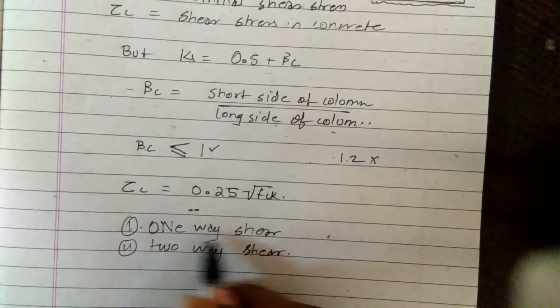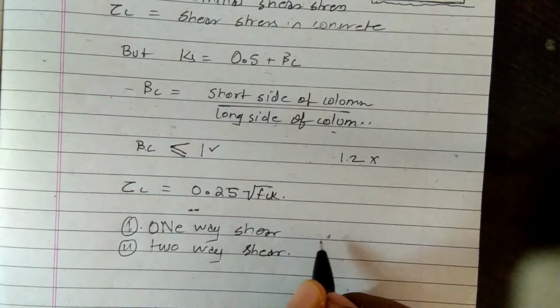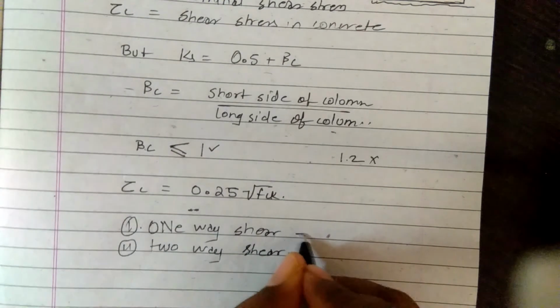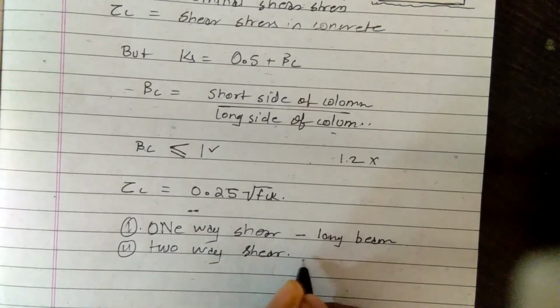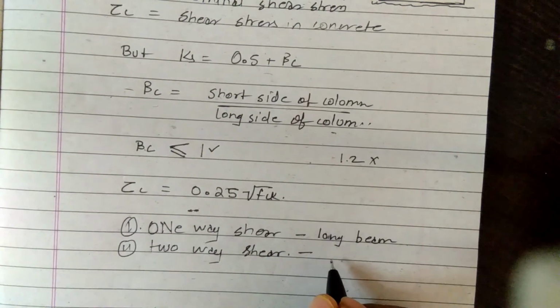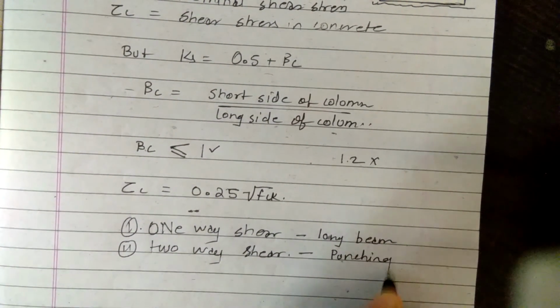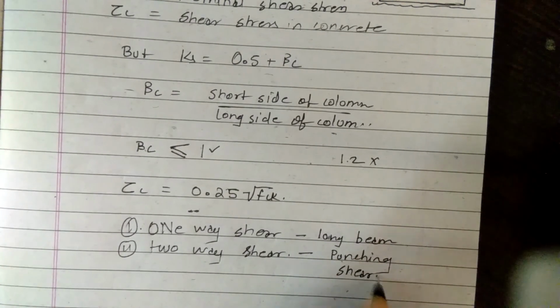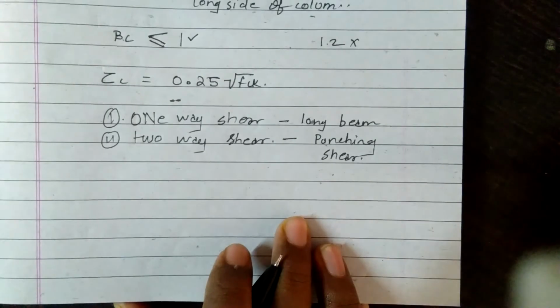Okay, one way shear is also called, for footing, we will consider it as a long beam, and two way shear will be considered as punching shear.